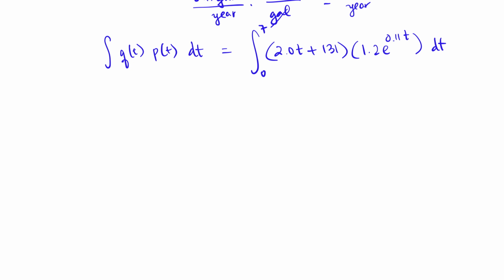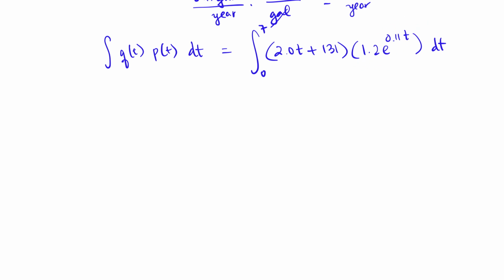The integrand, the quantity 2.0 T plus 131 times 1.2 e to the 0.11 T, is a product of two factors. The first factor, 2.0 T plus 131, is what we call an algebraic factor, and 1.2 e to the 0.11 T is an exponential factor.